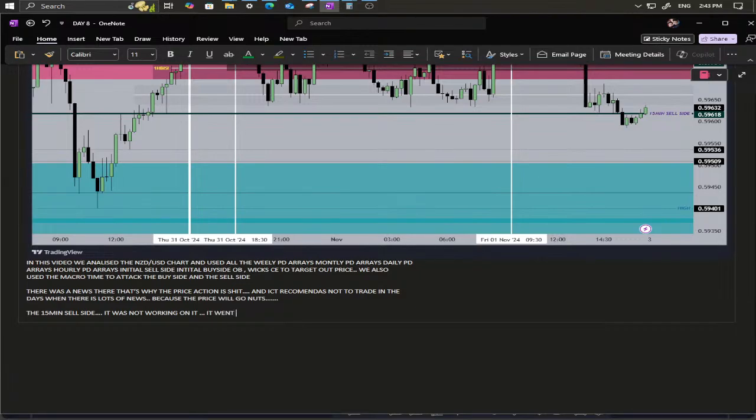It went through it, went two times, but then crossed, and we are also seeing a direction in the daily chart, and that's the simulation to target the fix that is in the daily chart.